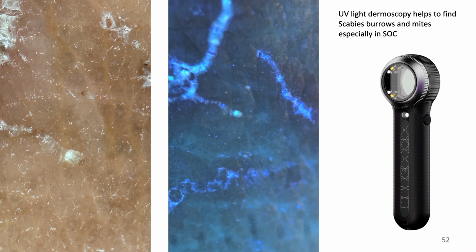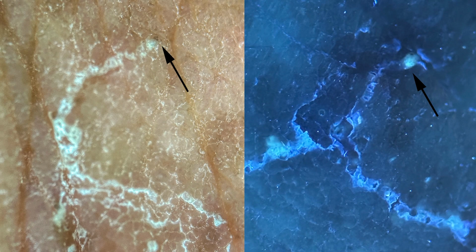And if you have a dermatoscope with ultraviolet light, you can actually see the burrows light up and the mites light up. Here's the mite at the end of that burrow, and another mite here with a triangle, but look how brightly it lights up green with ultraviolet, as well as the burrow lighting up with more of a purple look.